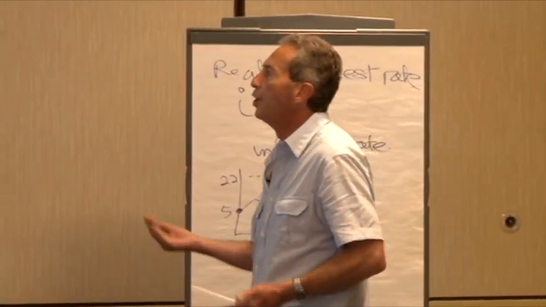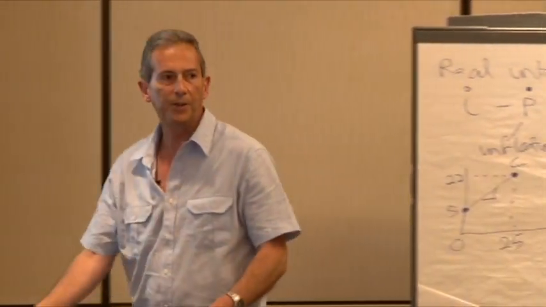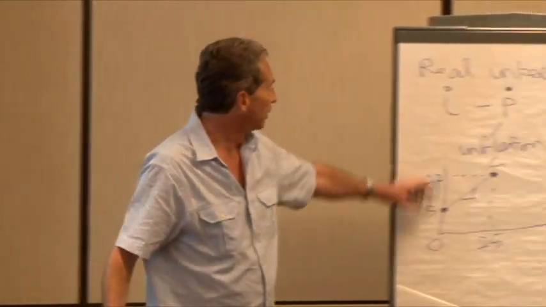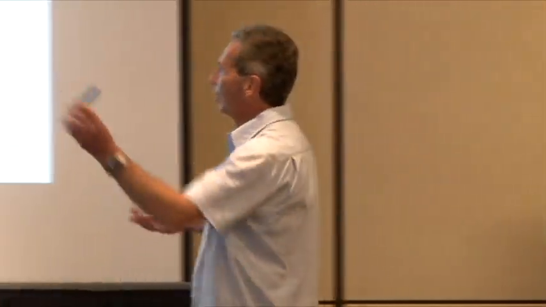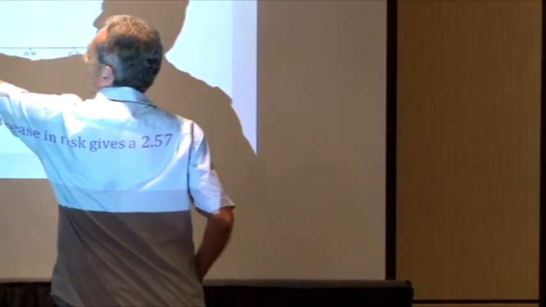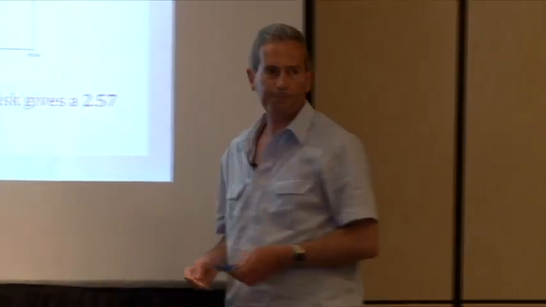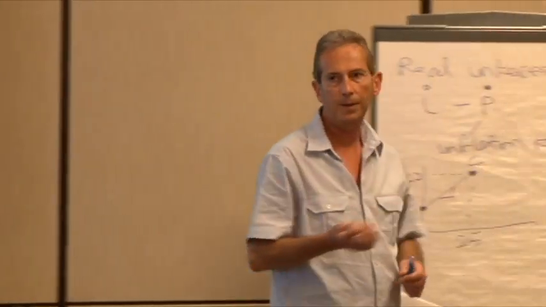So what's the return for a 1 unit increase in risk? Same principle in terms of how I did it here. Slope of the line here is 2.57. And you can see that's a lot steeper than if we were to send a line out to any of the individual stocks that we've got there.